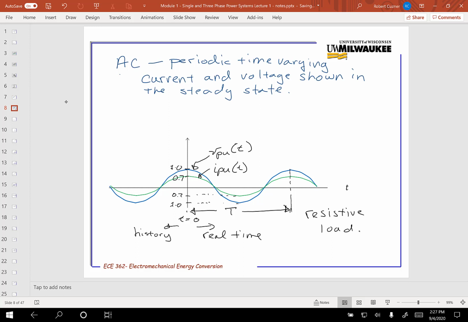So since we have a resistive load, the current IPU is proportional to VPU at all t. They're just different from each other by a scalar proportional value.